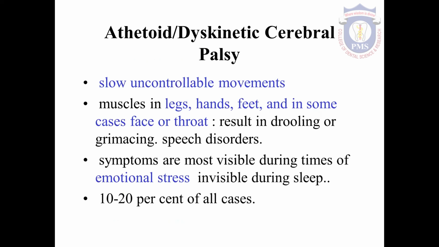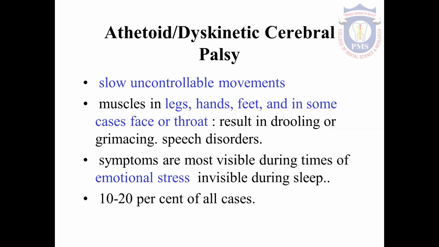Then comes the athetotic or dyskinetic type of cerebral palsy. In athetotic type of cerebral palsy, there are two types, that is athetotic type and choreoathetotic type. Athetotic type is slow, uncontrolled movements. It will be a very slow type of movement. And choreoathetotic type will be sudden jerky movements.